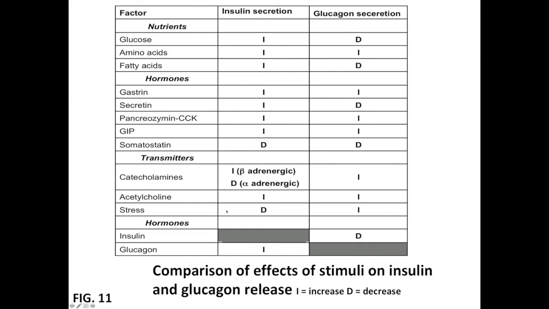And then insulin release will decrease glucagon secretion, but glucagon release is actually stimulatory to insulin secretion for the reason I mentioned earlier: glucagon will convert amino acids into glucose, and then the glucose is stimulated to be put into glycogen stores with the release of insulin.